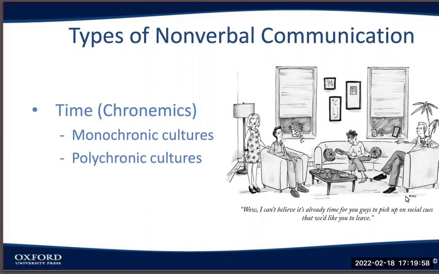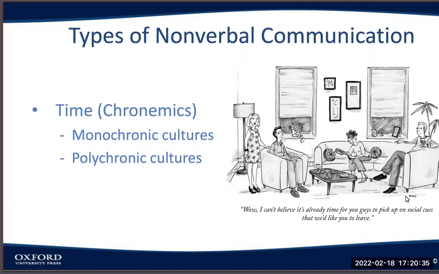So time, and we study how humans use and structure time. Monochronic cultures emphasize punctuality, schedules, completing one task at a time. Polychronic cultures favor flexible schedules in which multiple tasks are pursued at the same time. So the use of time depends greatly on these different cultures.